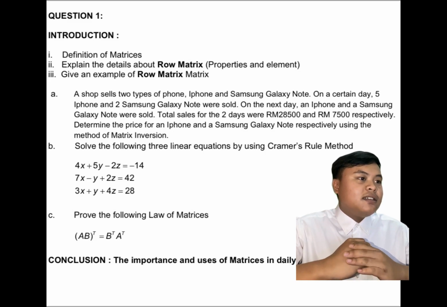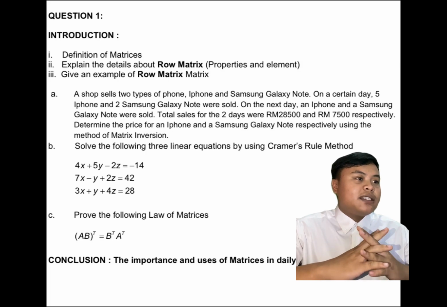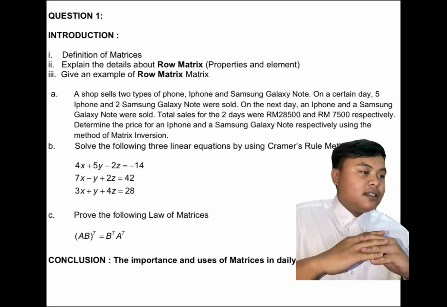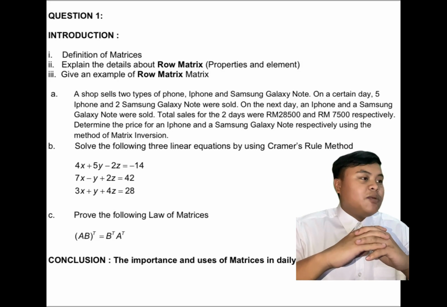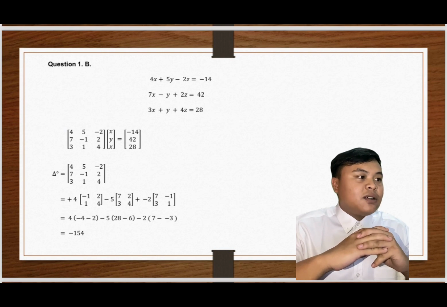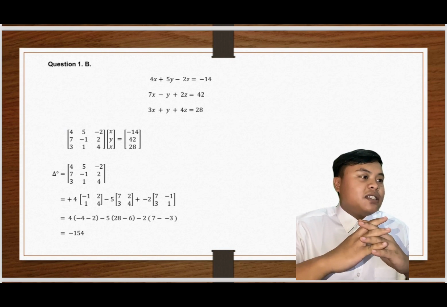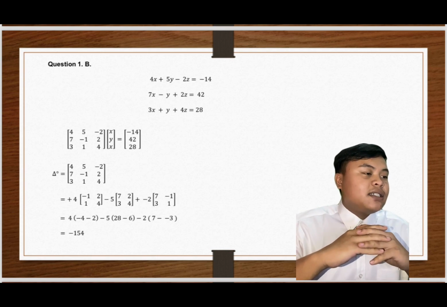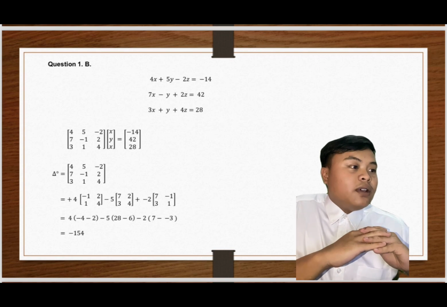And the third, 3x plus y plus 4z equal to 20. Step 1 is to transform to matrix form. First column is 4, 7, 3, and the second column is 5, negative 1, 1, and the third column is negative 2, 2, and 4.